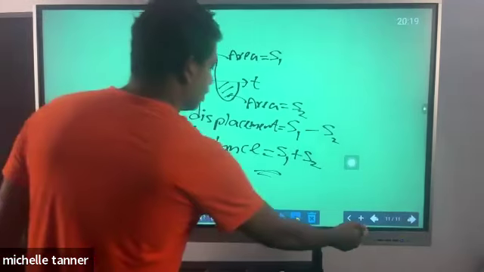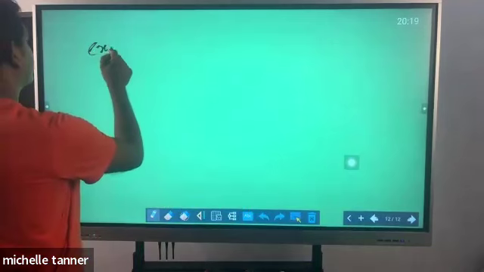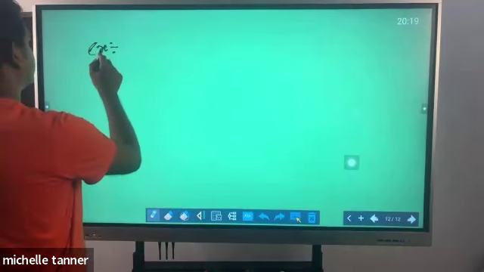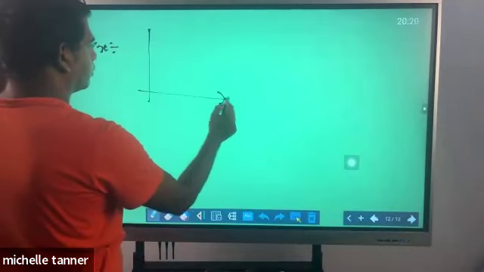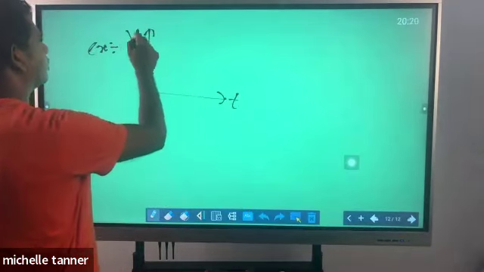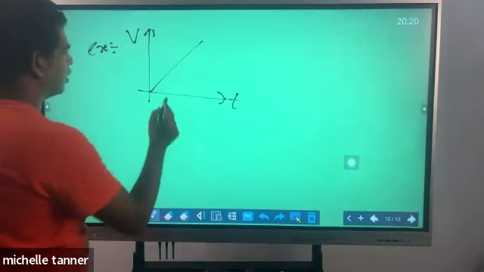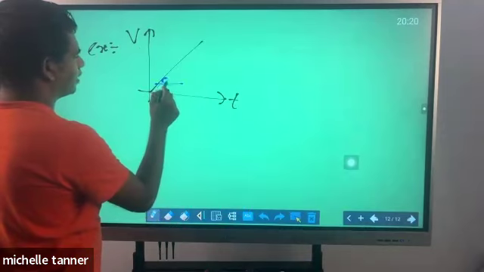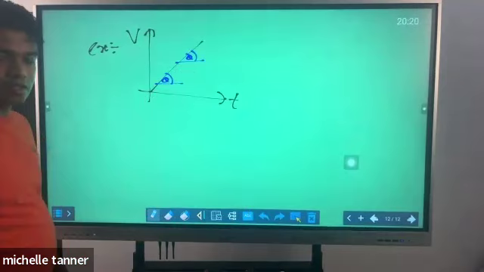Now we've got some examples to understand the velocity-time graph. Now, in the velocity-time graph, the horizontal angle theta is constant.